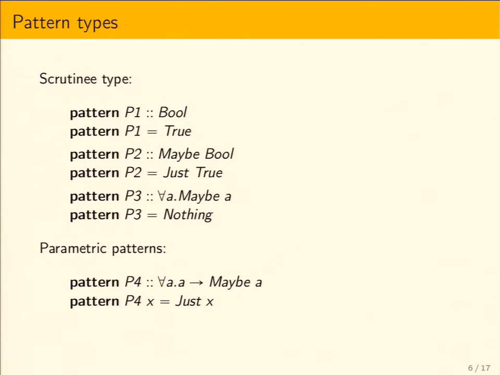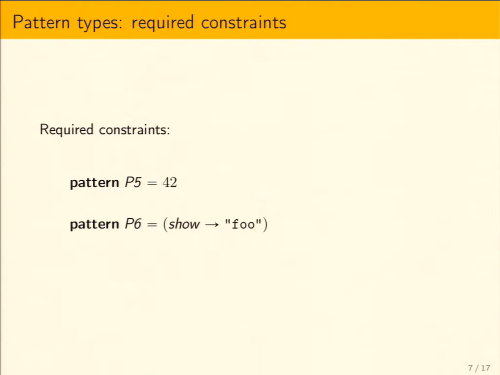Then you could think that, okay, that's it. We have something similar to functions. It's going to be good enough because now we have patterns and we have parameters in them. However, it turns out that we need more than that in Haskell. In these two examples, the first one is an overloaded literal, and the second one is a view pattern. In both cases, these are polymorphic patterns, but there's restricted polymorphism going on here.